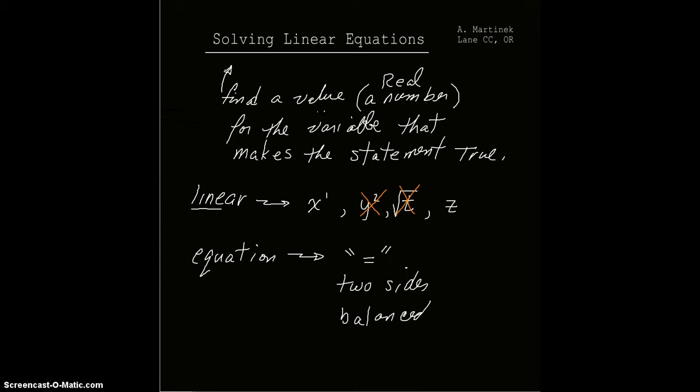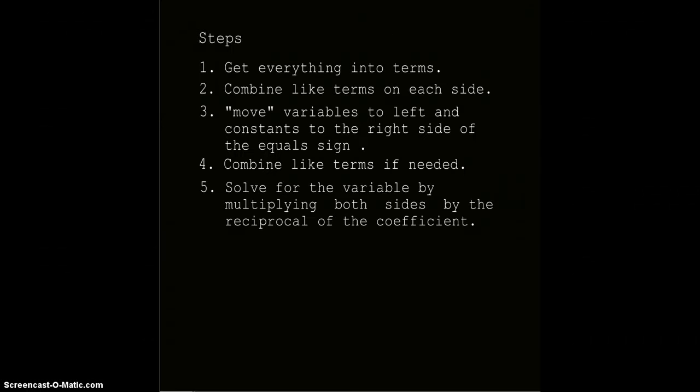Alright, so we're going to solve these. I'm going to do this with an example. First of all, let me give you the steps, and I'll go through each one of these steps one at a time. We're going to get everything into terms. Remember what a term is? Right, separated by addition.